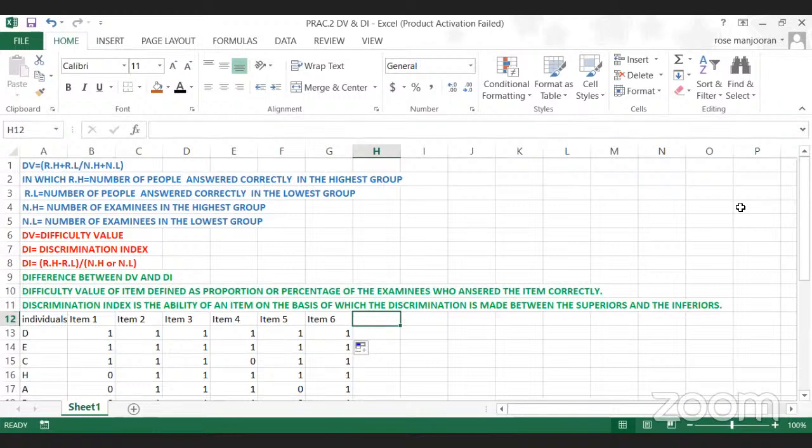And for DI, it is again RH, the number of people who answered correctly in the highest group, minus RL, the number of people who answered correctly in the lowest group, divided by NH or NL. That is the difference between the formulas. NL means the number of examinees in the lowest group. Is it clear?